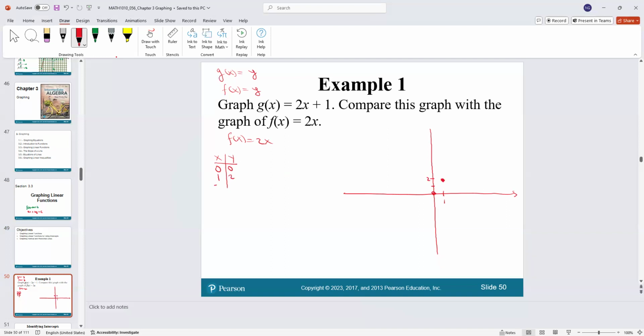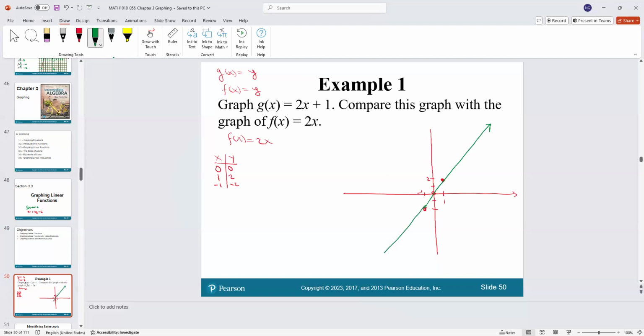If x is negative 1, then y would be 2 times negative 1, which is negative 2, so we have the point negative 1, negative 2. I think this is enough; 3 points is already too many for us to graph that straight line.